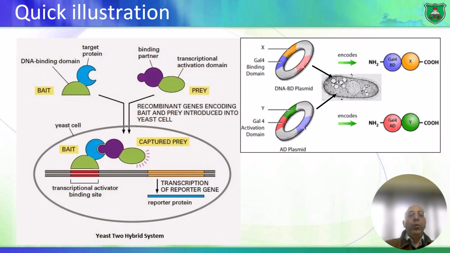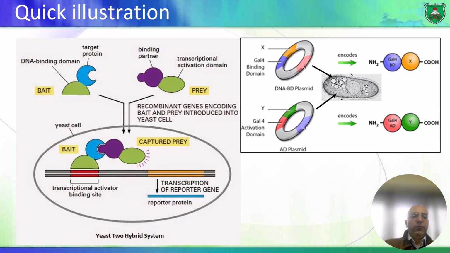So what do we do? Now, we want to test if protein X interacts with protein Y. We're going to use the same genetic system that we just talked about: the UAS regulatory element, GAL4, and the LACZ gene that produces the beta-galactosidase.